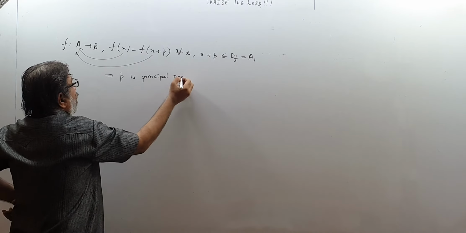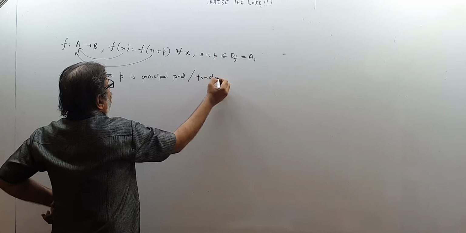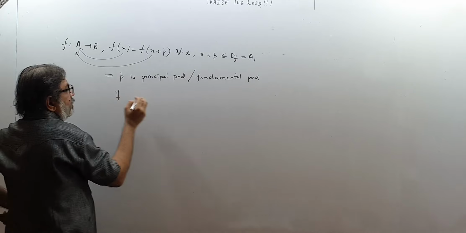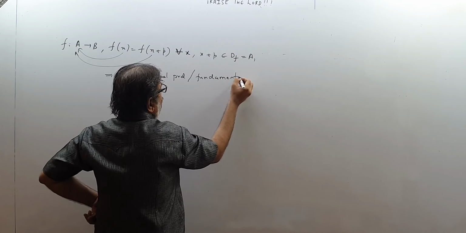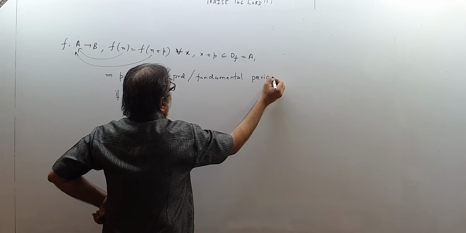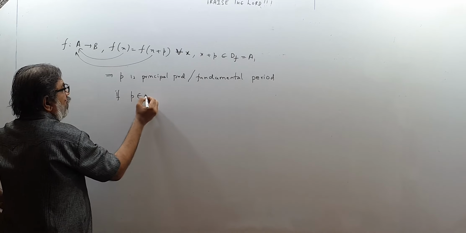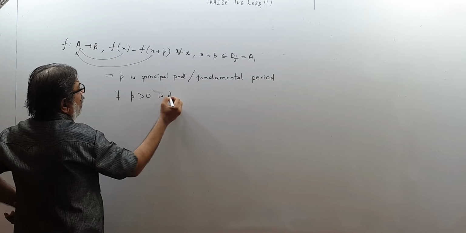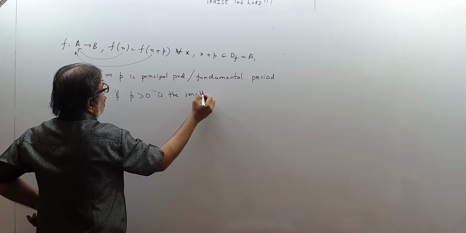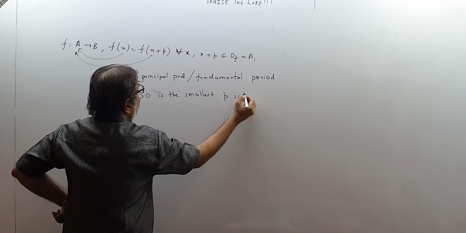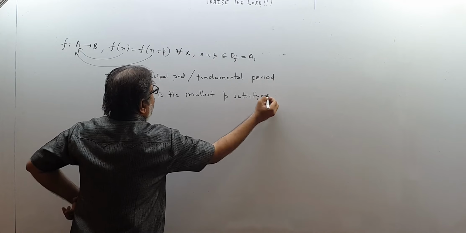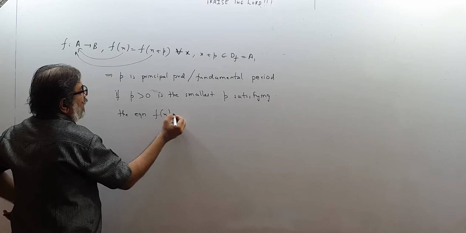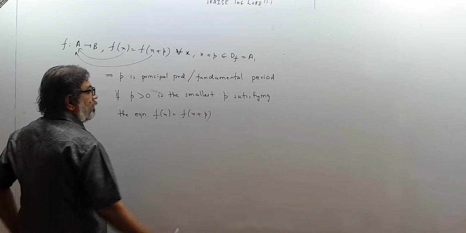the principal period or fundamental period if p belongs to R plus, p should be a positive number. I write like this: p greater than 0, is the smallest p satisfying the equation f of x equal to f of x plus p.